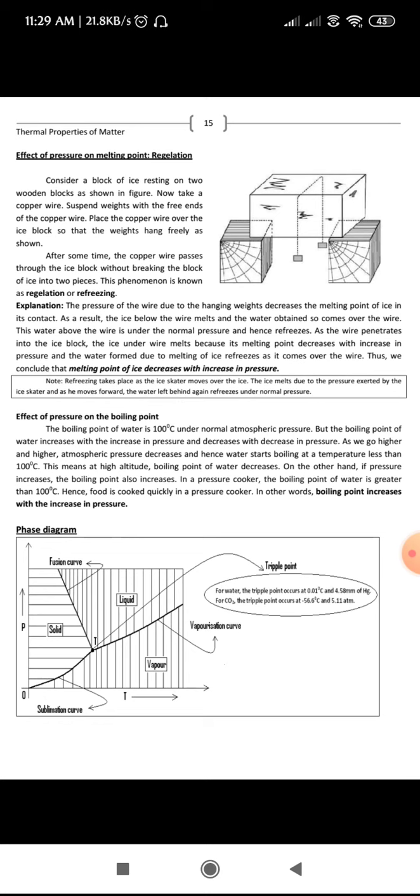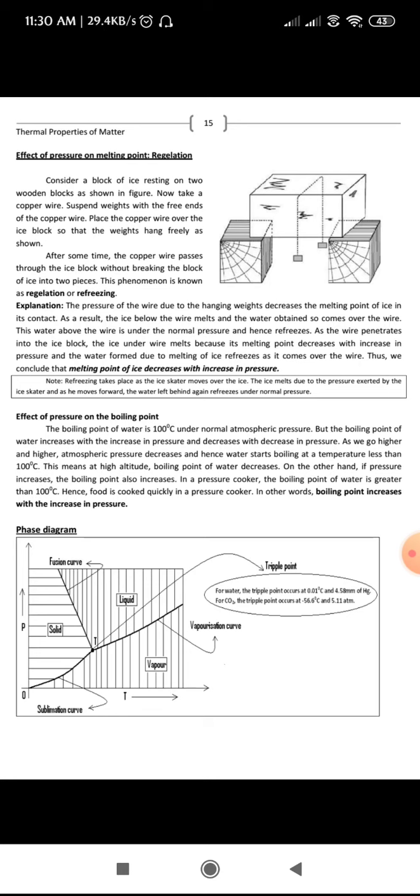This water above the wire is under normal pressure and hence refreezes. As the wire penetrates into the ice block, the ice under the wire melts because its melting point decreases with increasing pressure, and the water formed due to melting of ice refreezes as it comes over the wire. Thus, we conclude that the melting point of ice decreases with increase in pressure.